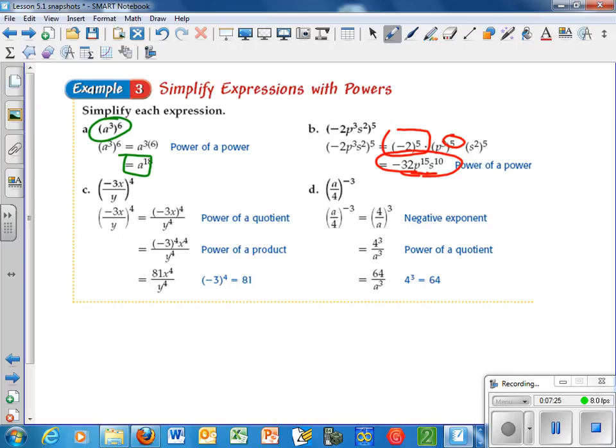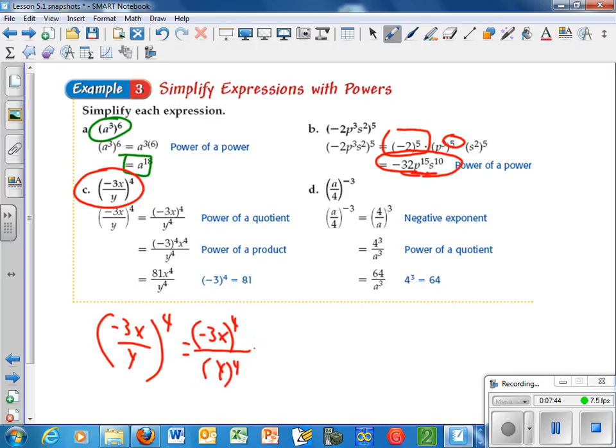Okay, if you have this problem right here, which is in letter C, you have negative 3x over y, outside power of 4. So what you need to do is take negative 3x to a power of 4 on top, and then take y to a power of 4. Take the top and the bottom. Now remember, that's negative 3 to the fourth power.